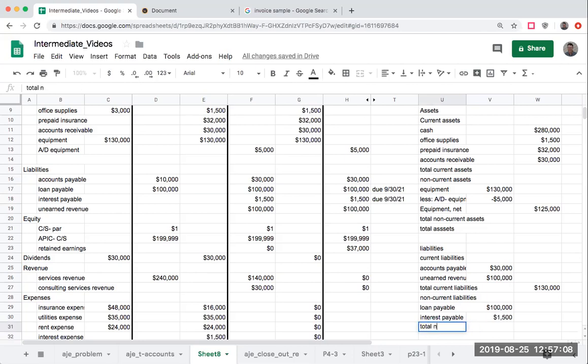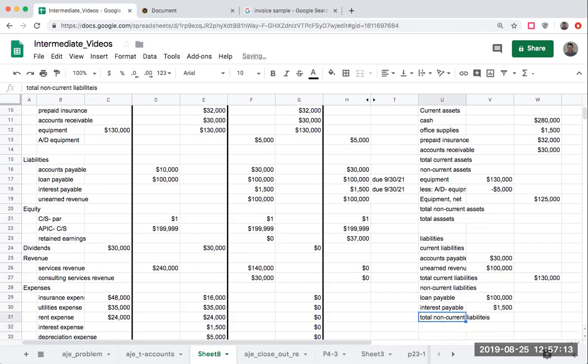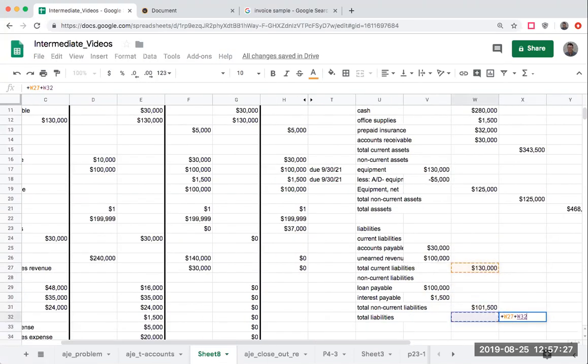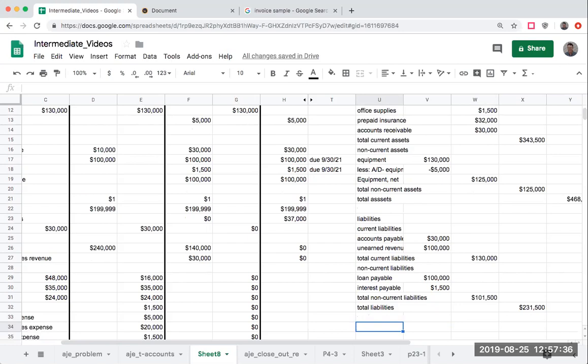So my total non-current liabilities is going to be right here at 101,500. So my total liabilities are going to be 231,500.